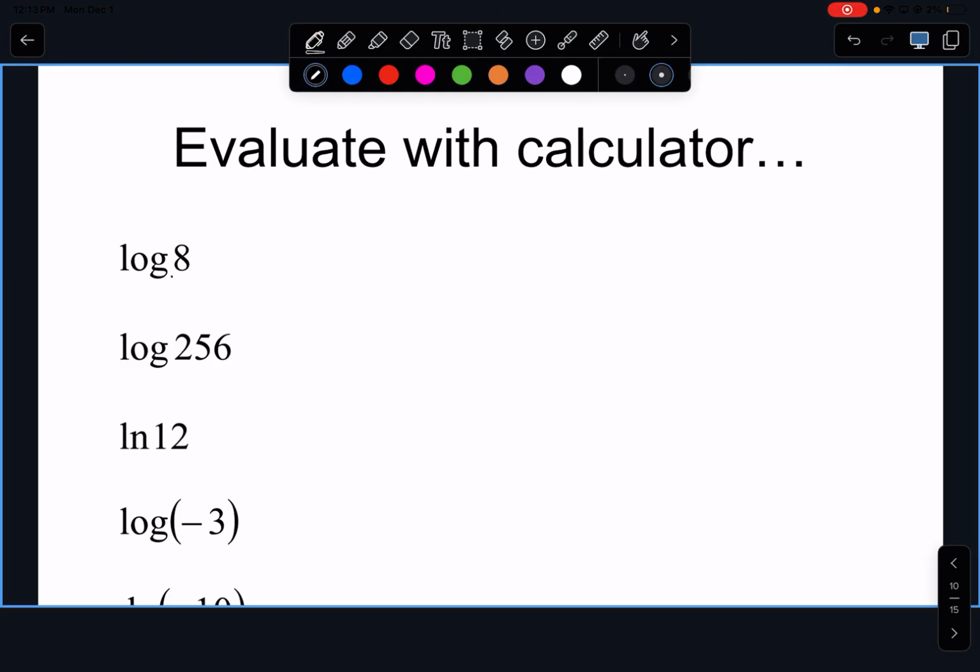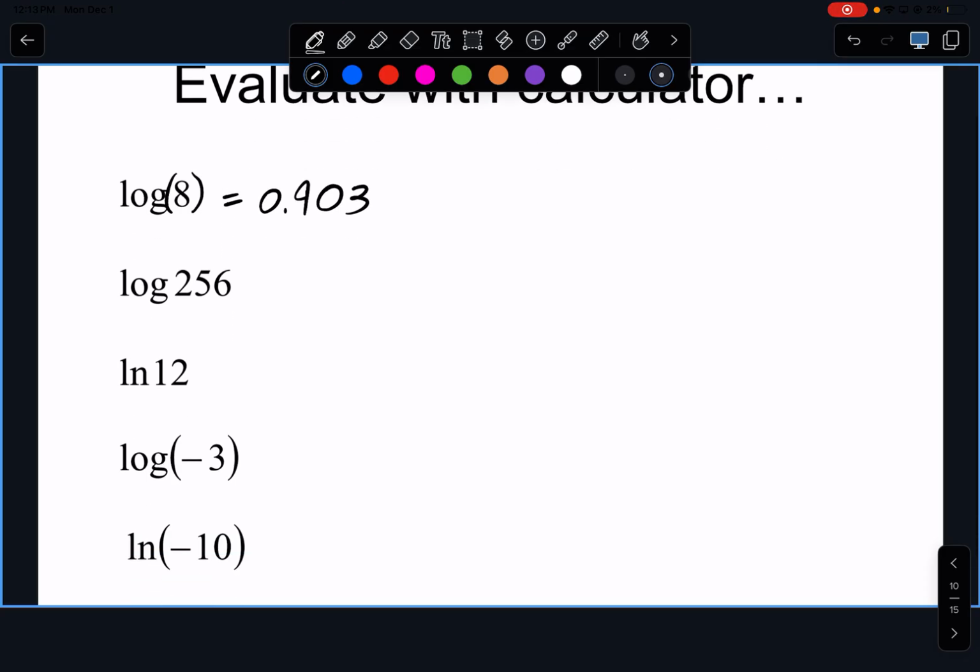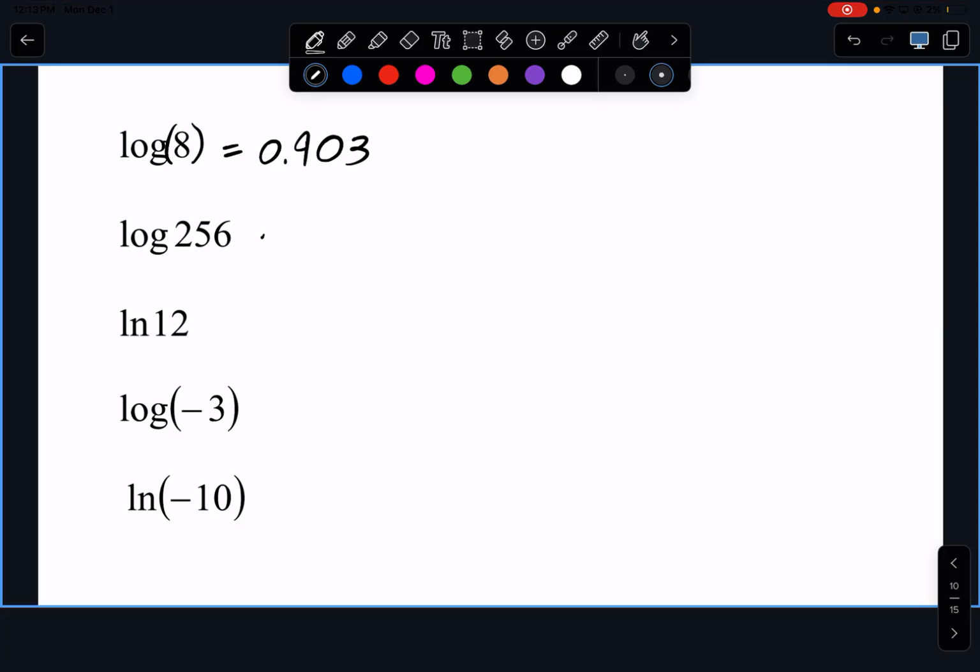So on your calculator, it's going to look like this: log 8, which is going to be equal to 0. We're going to go to the thousands place, so 0.903. Okay, how about log of 256? What do we get? 2.408.